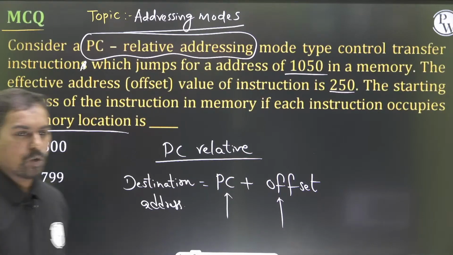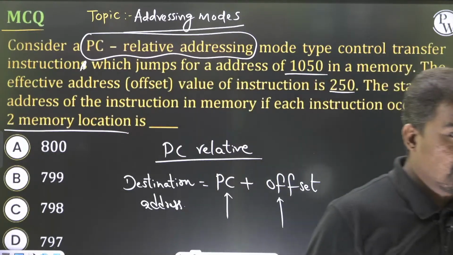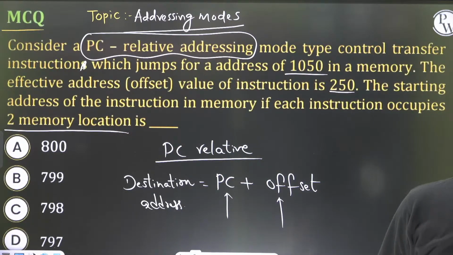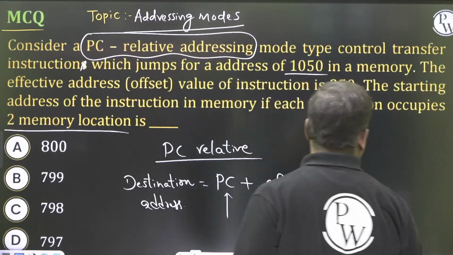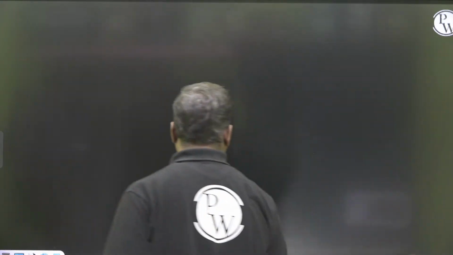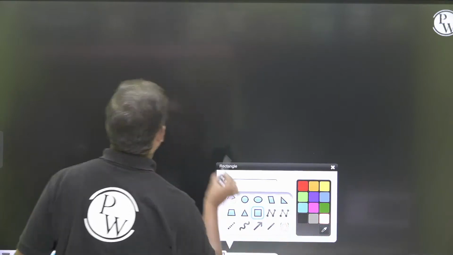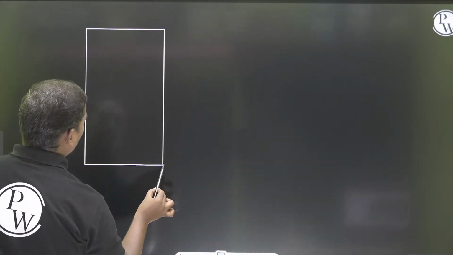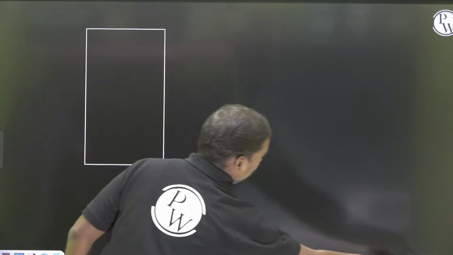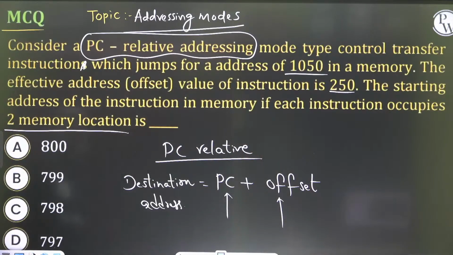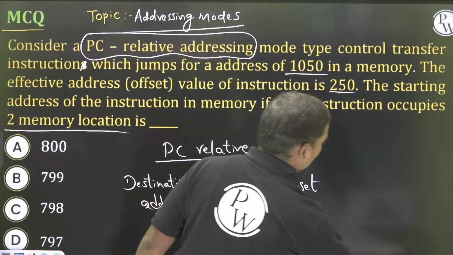Okay, so how to answer this question? Very good, 798, Dinesh. Okay, let us see. First of all, what is given? There is a memory location, and it jumps to a memory location of 1050.